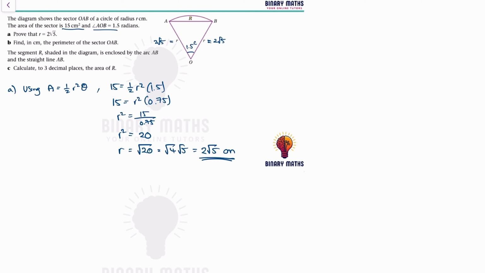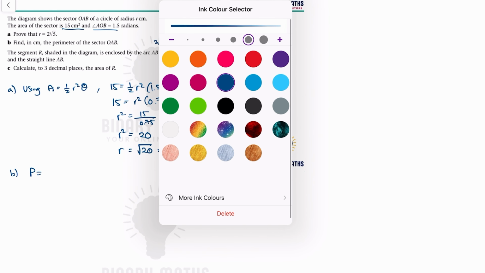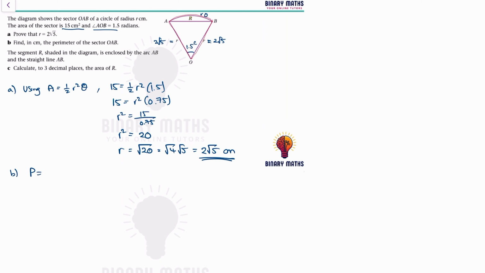Okay, B. Find in centimeters the perimeter of the sector OAB. So perimeter of the sector is r plus r plus this part, which is the arc length, which is equal to r theta.